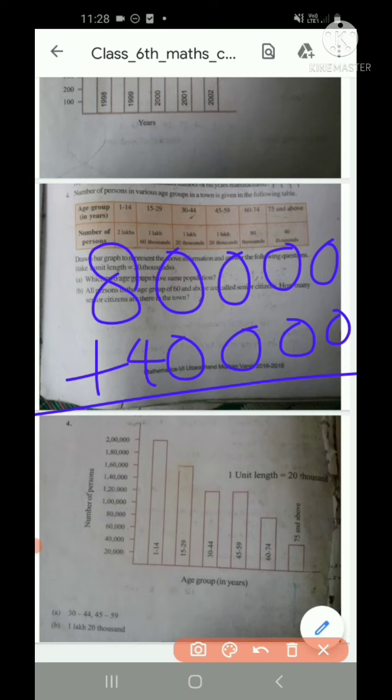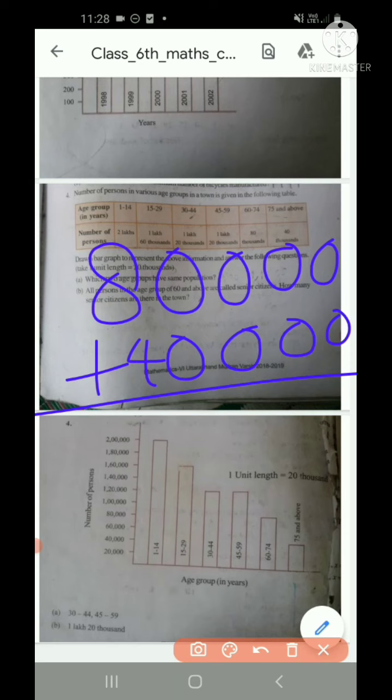How many senior citizens are there in that town? Above 60, how many are there? It is 80,000 and 40,000. So 80,000 plus 40,000. Now how much do we get? We are asked about the senior citizens.